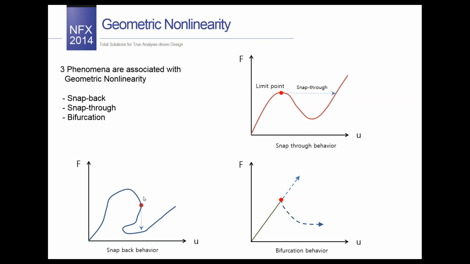And bifurcation behavior can occur on the load displacement curve as one or more solution paths that satisfy equilibrium intersect. In this case, the solution can proceed along more than one path. So the deformed shape may be influenced by any initial imperfections or eccentricity on the applied loads.